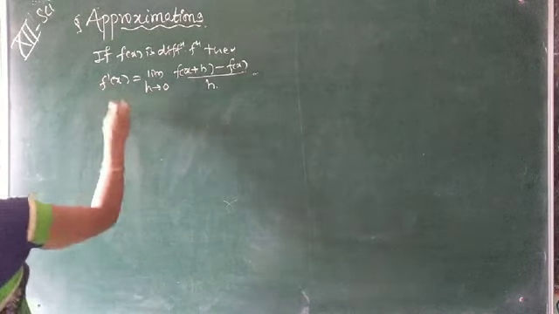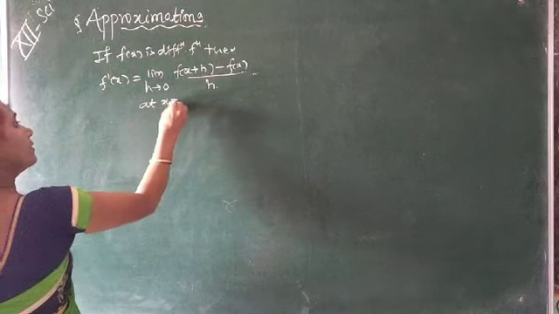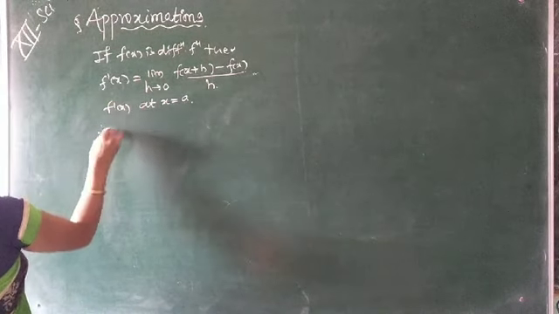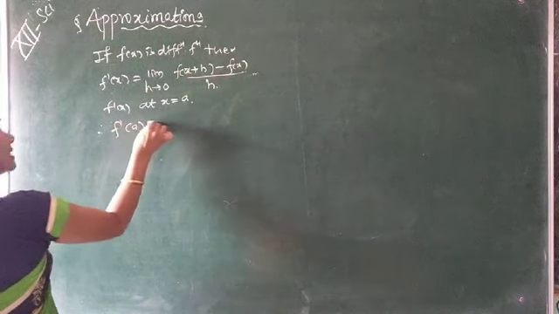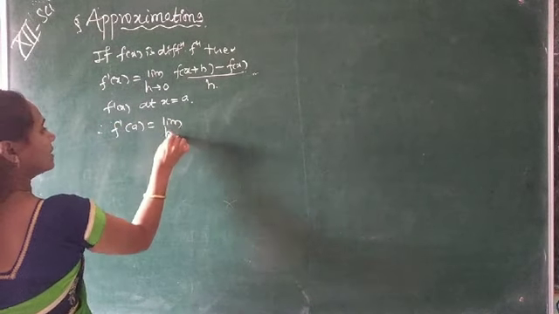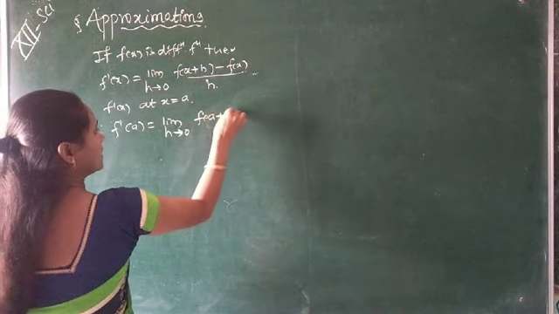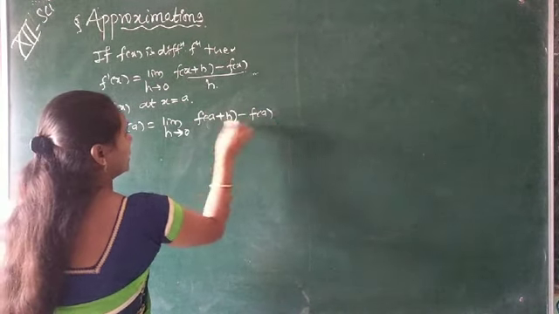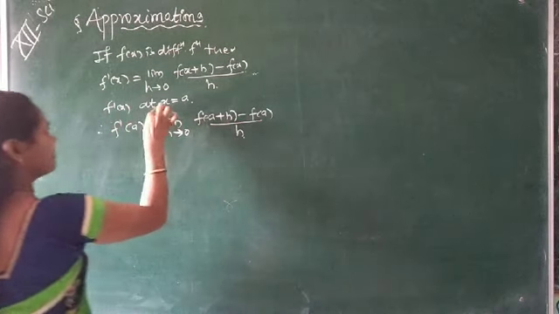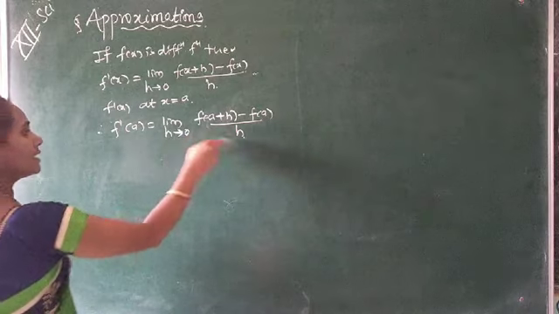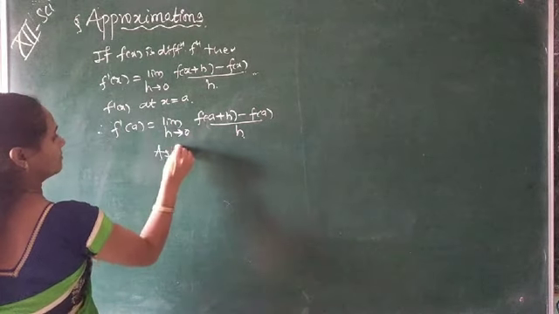Now we find the derivative at x is equal to a. F dash of x at x is equal to a. So we write f dash of a is equal to limit h tends to 0, f of a plus h minus f of a divided by h. Instead of x, we find the derivative at x is equal to a. Now consider h is very small.